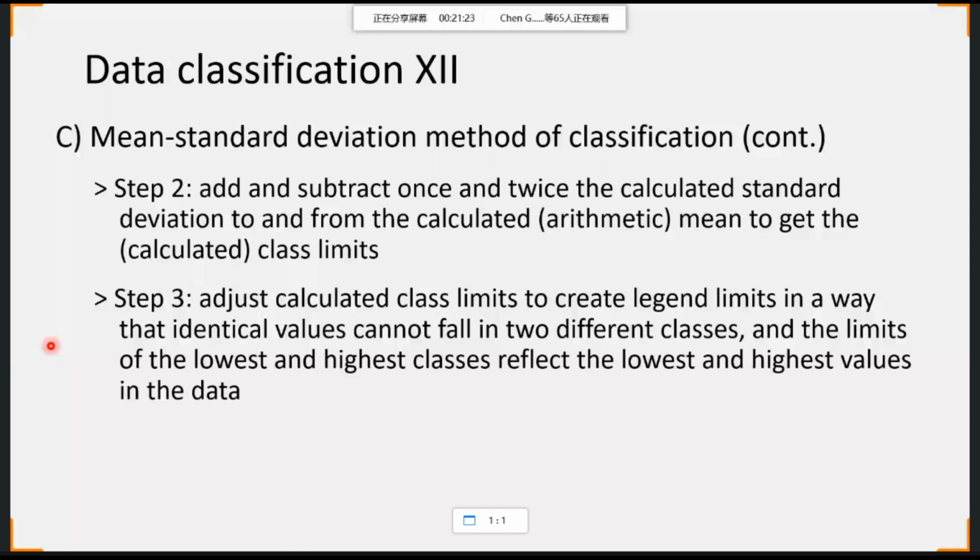So again, if you have identical values, and we have this for some of the counties, we have the same number of foreign-borns. These counties, of course, have to get the same gray shading. They have to lie in the same class at the end. And the limits of the lowest and highest classes reflect the lowest and highest values in the data.